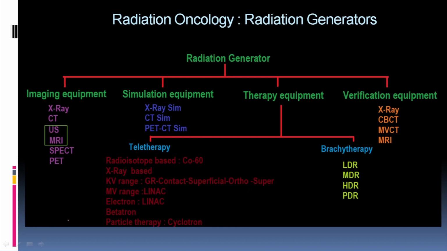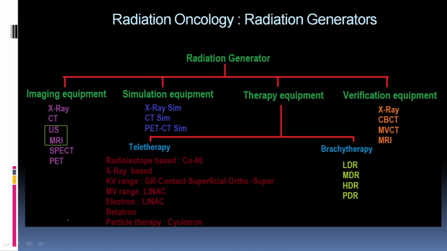Now to give the totality of this slide, we use various kinds of therapy equipment. We treat our patients by radiation. One is teletherapy and another is brachytherapy, and teletherapy means far, tele means far. So we treat the patients from away from the patient's body.